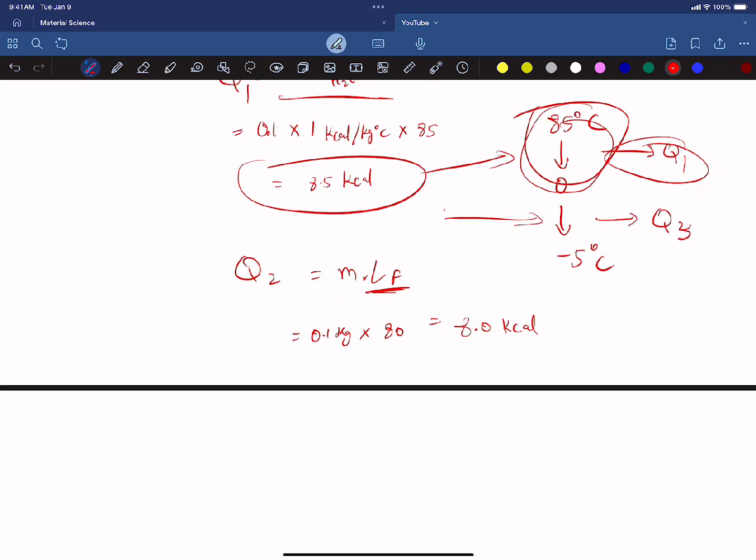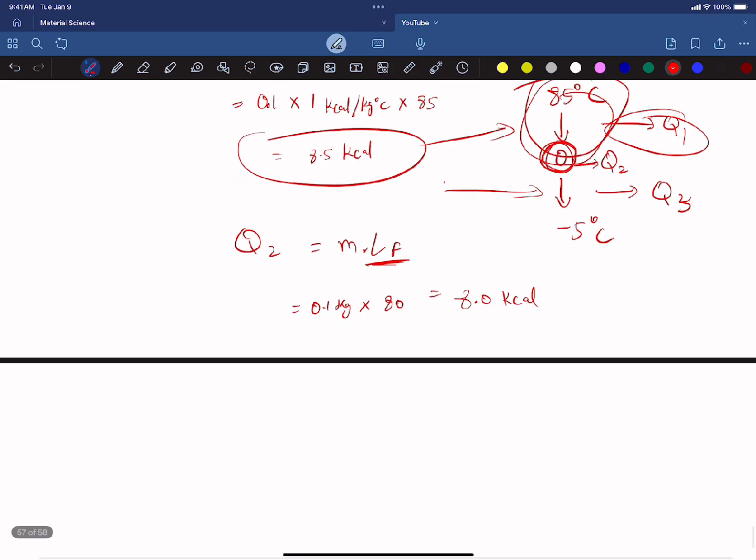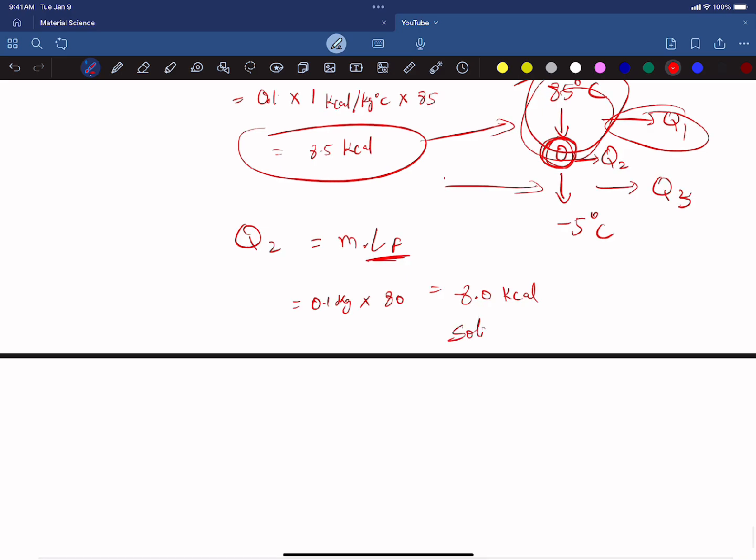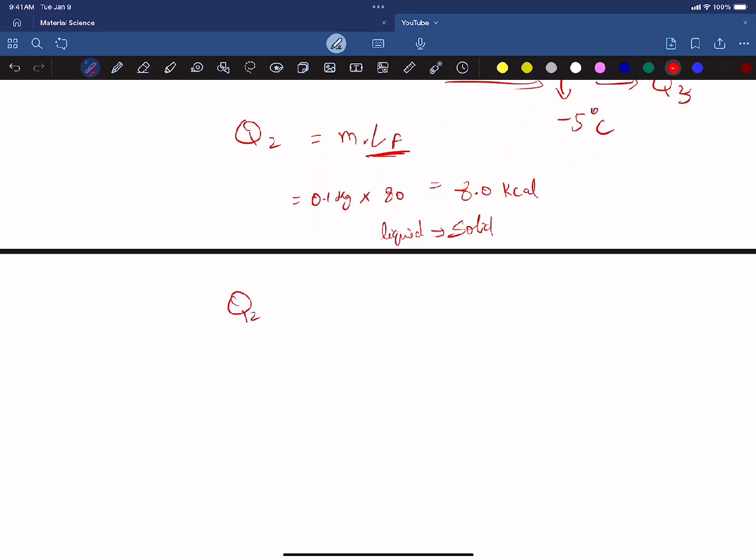So this should be the Q3. When water gets converted from the liquid state to the solid state, not gas state, that is Q2. Now Q3 will be the energy required to remove the total heat from 0 to -5 degrees Celsius.